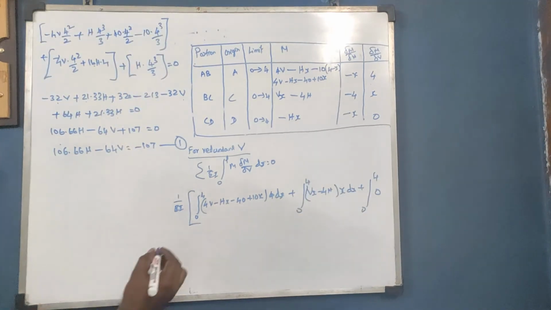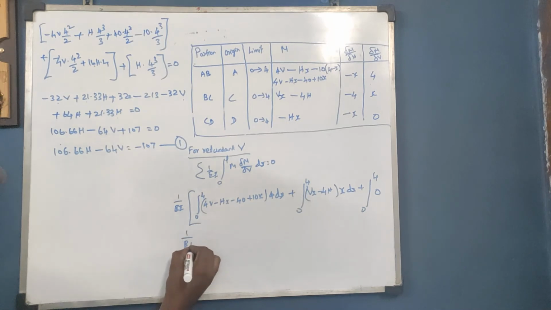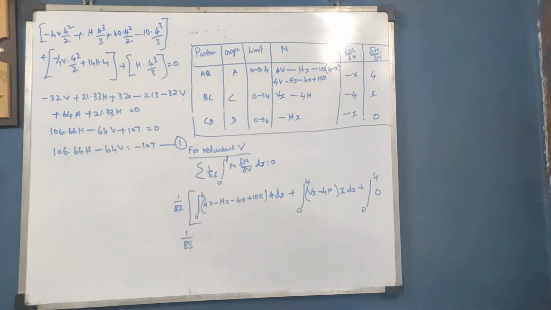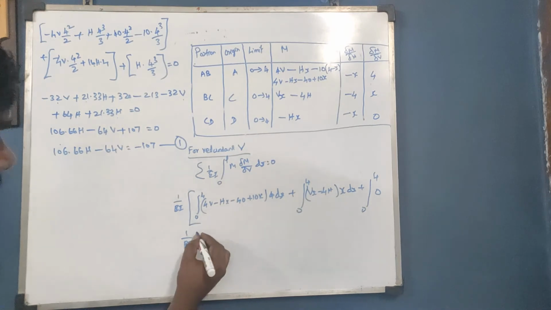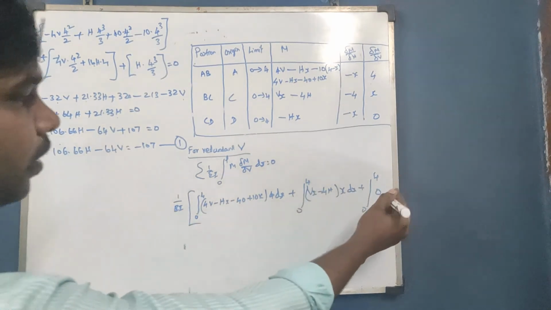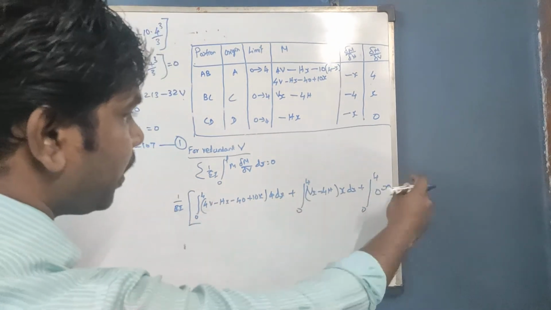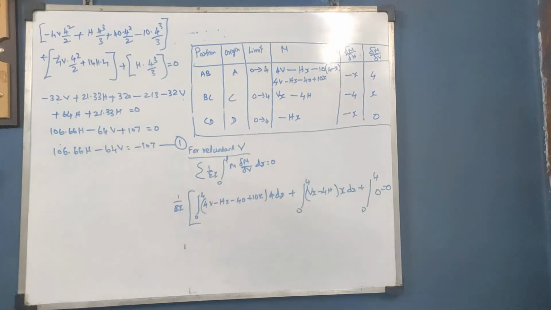So this 1 by EA, if you take 1 by EA to the right side, it will become 0.